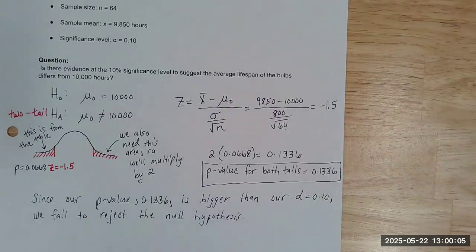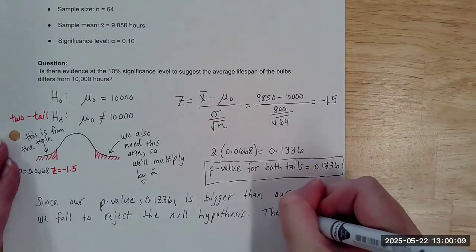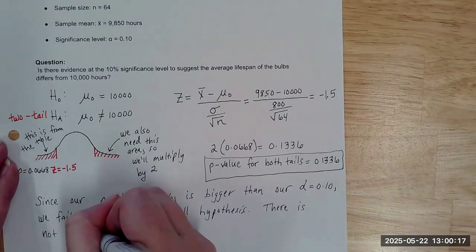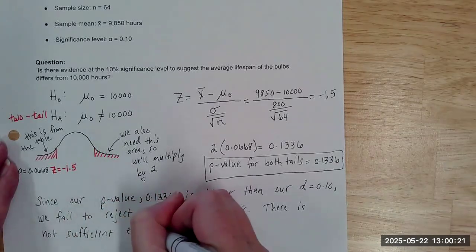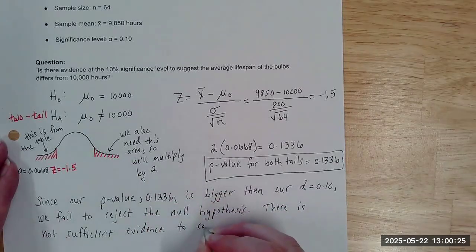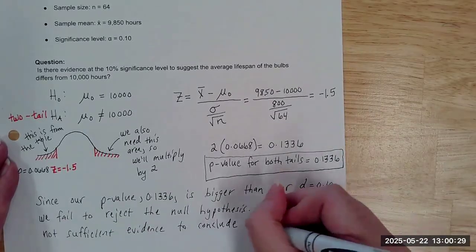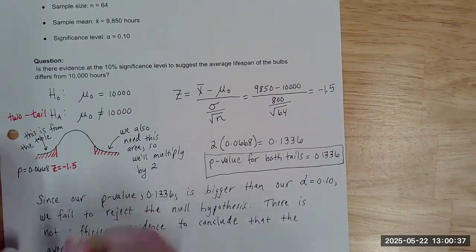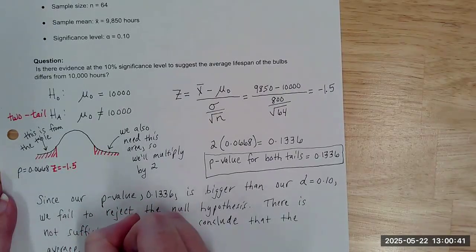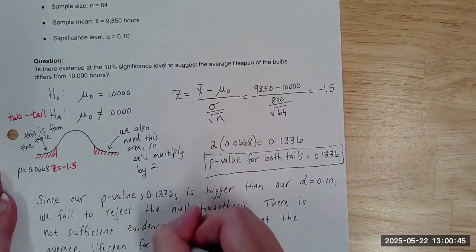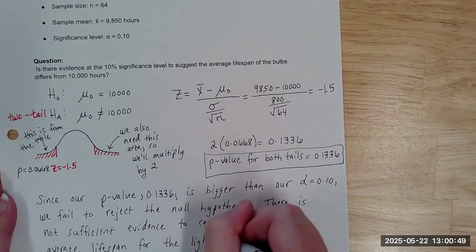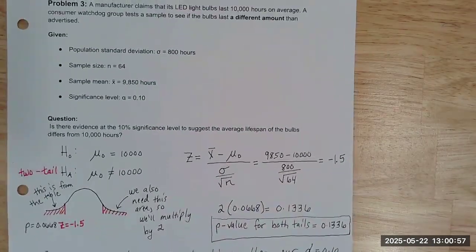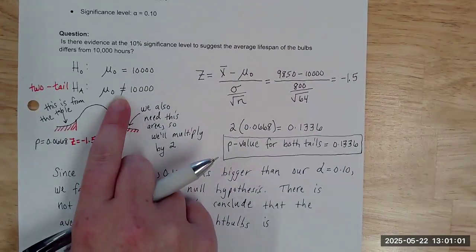Okay, so there is not sufficient evidence to conclude that the average lifespan for the light bulbs is, and what we're saying, our alternative hypothesis was that it was different than 10,000 hours.